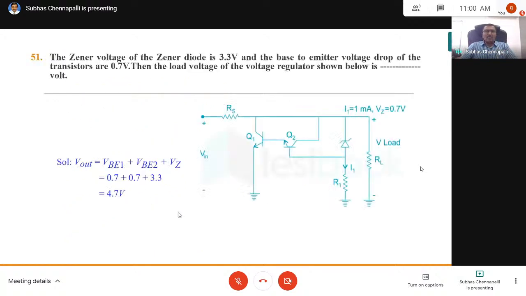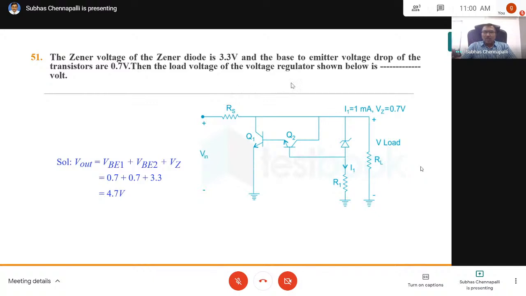So one more problem: the Zener voltage of a Zener diode, you have one diode here, is 3.3 volts, and the base to emitter voltage, base to emitter here, base to emitter here. Assume that both transistors are of the same type, say silicon, type number same. Then find the output voltage of the voltage regulator shown below. I mean this voltage.